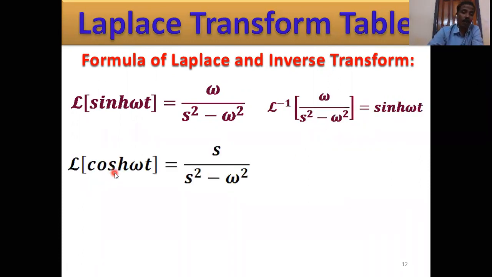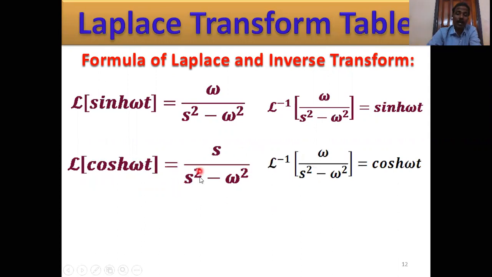And Laplace transform of cosh omega t equals s by s square plus omega square. Similarly, inverse Laplace transform of s by s square plus omega square equals cosh omega t.